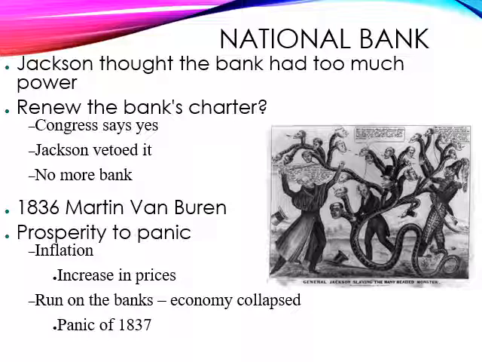Of course, his second term came to an end, and in 1836, someone that he handpicked became the 8th president. He wanted this person to become the president. It was Martin Van Buren. And Martin Van Buren totally got screwed over by the decision of Andrew Jackson to eliminate the National Bank. Because what happened is there was inflation.